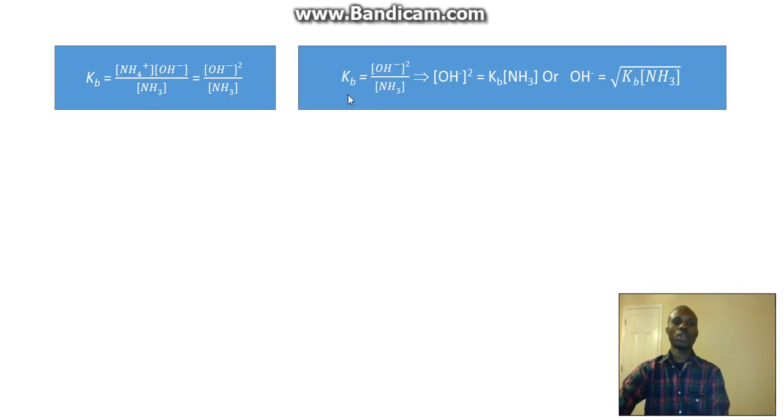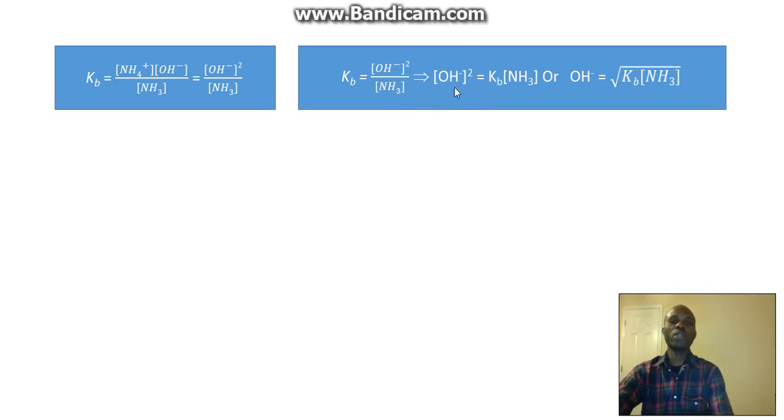In this case, we decided to take the OH because it's important from what you will see later on. So OH times OH is OH squared. So this becomes OH squared over the concentration of ammonia is equal to Kb.